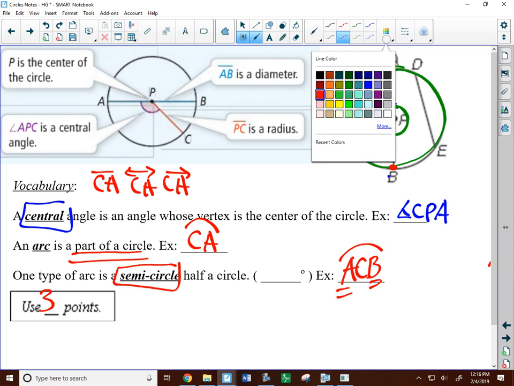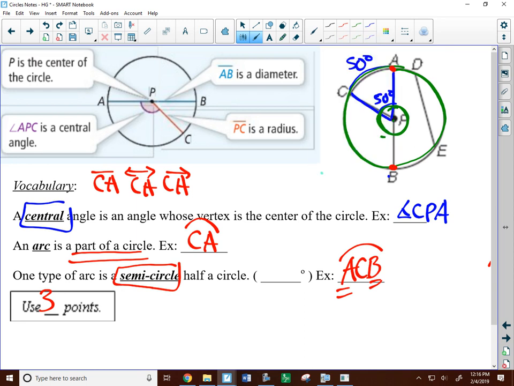Like this is a diameter right there, segment AB. So I just need to make sure to put A and B on the ends and have some other point in between. I could have gone the other direction, ADB. Notice how I didn't use E, so I could skip it. I could say ADB, or I could have said AEB.